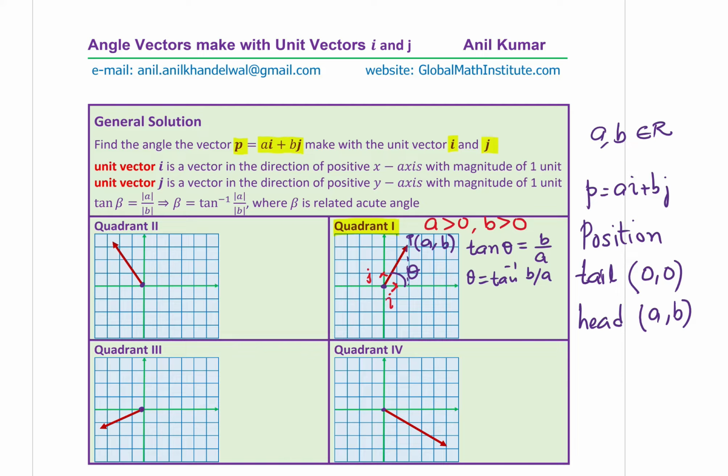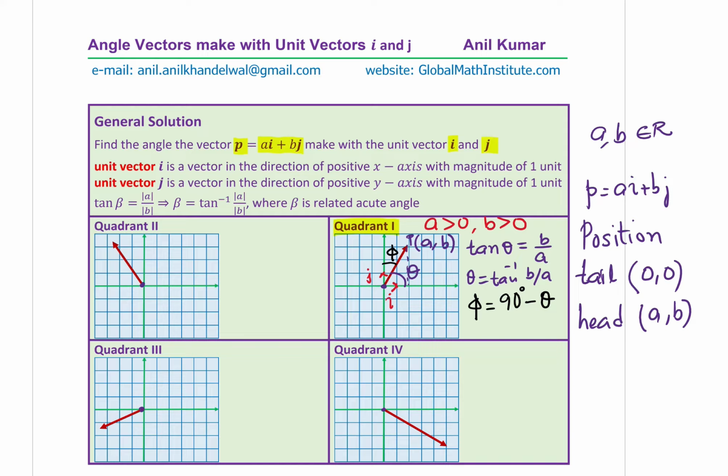Now this angle theta is with the x-axis, with vector i. So that is our first solution. Now let's look into the other angle, which is the angle with j. Angle with j is the angle here. Let's call this angle phi. So the angle with the y-axis is phi for us, and clearly, as you can see from here, phi is equal to 90 degrees minus angle theta.